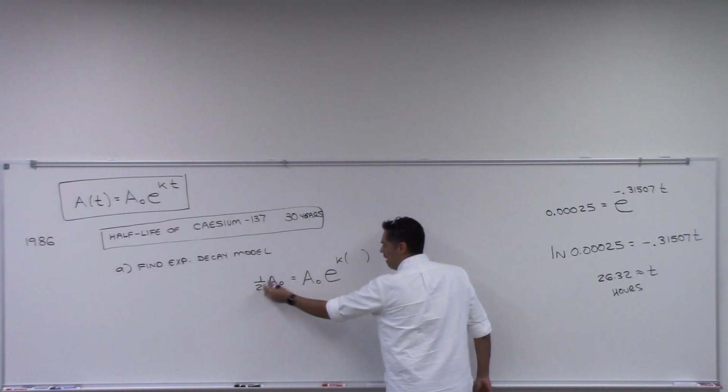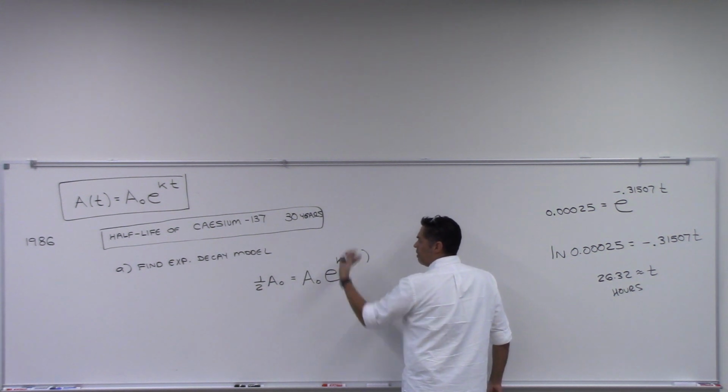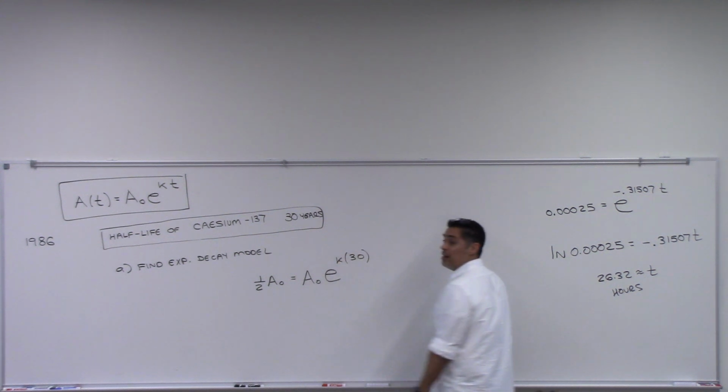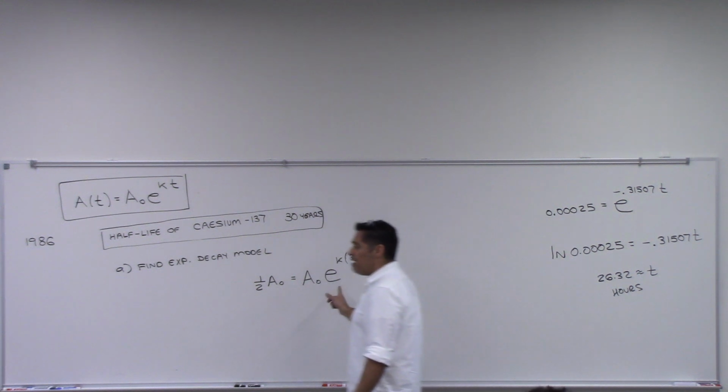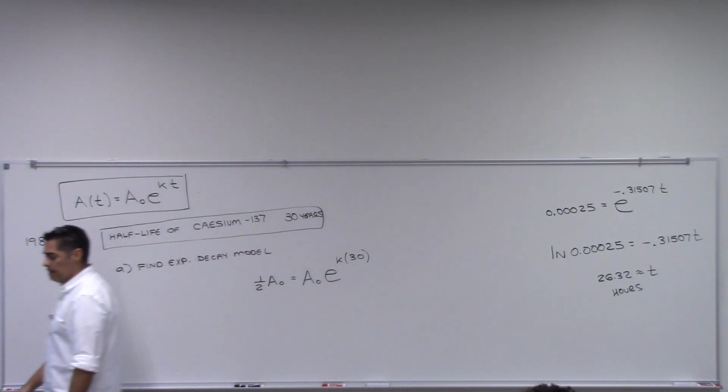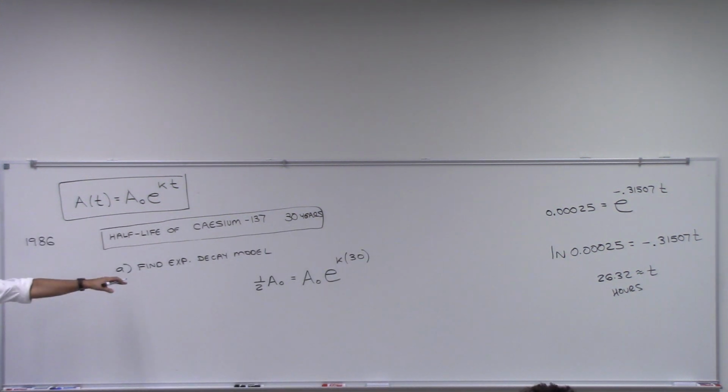How long does it take for half of it to go away? 30 years. So everything's going to be in years. Using just the half-life of Caesium-137, I'm going to be able to solve for K. And once I have K, I have the decay rate, and then I can tell you anything you want to know.